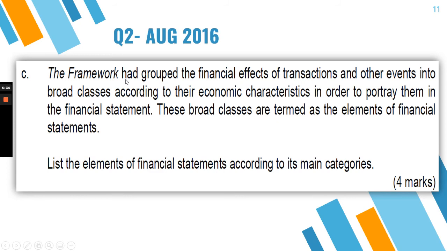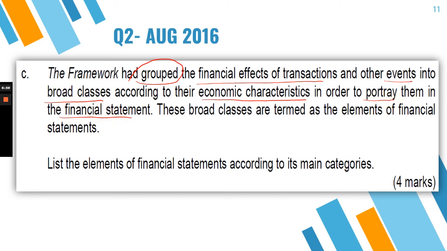And then the framework groups the financial effects of transactions, the third part of the question, and other events. These transactions and other events are grouped into broad classes according to their economic characteristics in order to portray them, or to show them, in the financial statements.